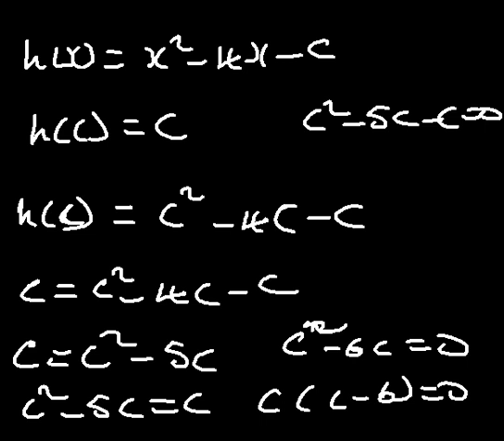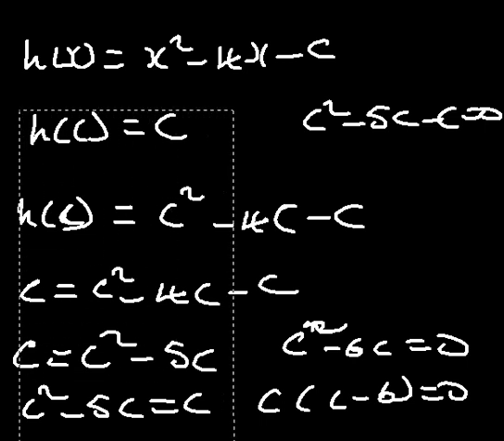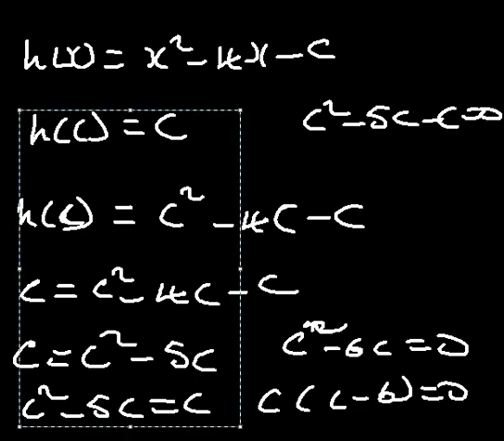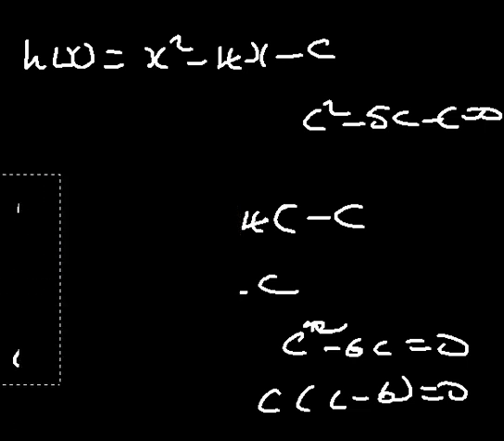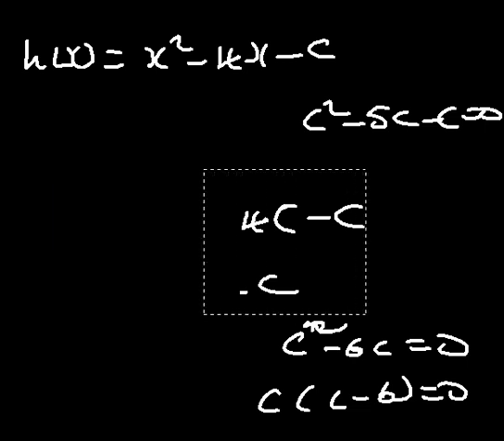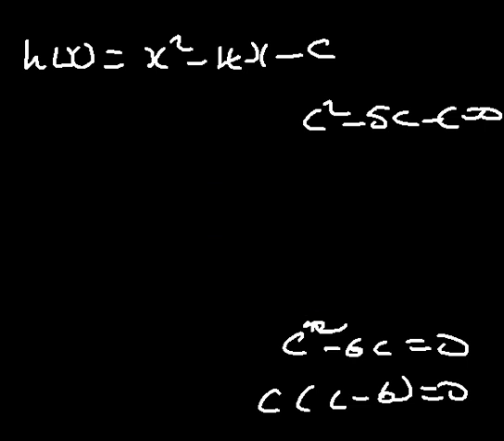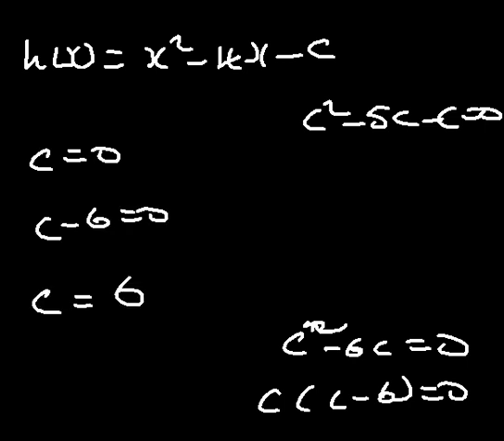Now we have two solutions there. Which means c is equal to 0, and also c minus 6 is equal to 0, which gives 6.